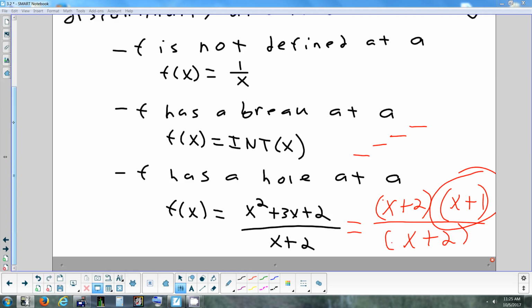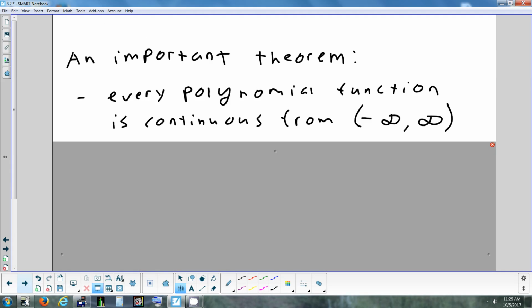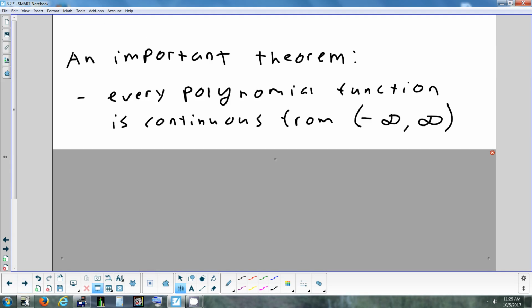Okay. So any question on the difference between an undefined value that goes up and down forever, an undefined value that's more like a hole, or a break? Those are the three things you have to avoid if you want to have a continuous function. Okay. Something about polynomials that's important is every polynomial is continuous.